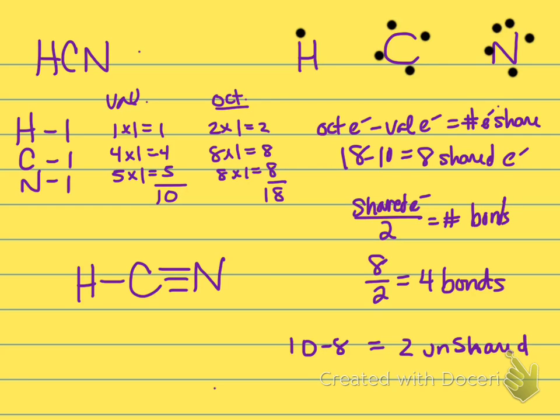Nitrogen is well known for bonding 3 times. Carbon's also very capable of bonding 3 times and commonly bonds 3 times. So that gives us our 4 bonds. That's pretty easy. And our 2 unshared electrons, well, if we look at nitrogen to start out with, it had those 2 paired electrons. So we stick that there. That's it.